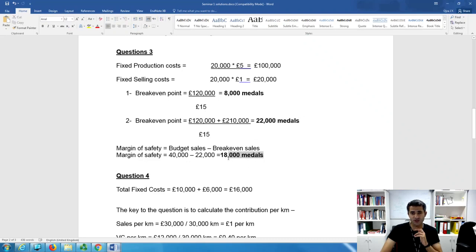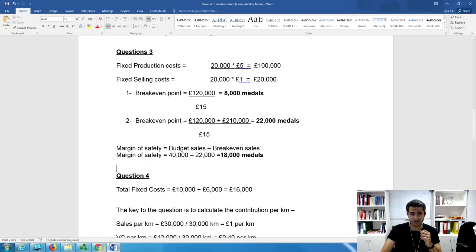So the margin of safety would be 18,000 units or medals. You shouldn't get confused about it, it's really simple.